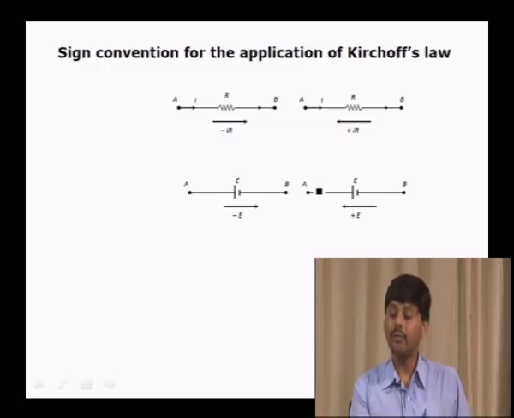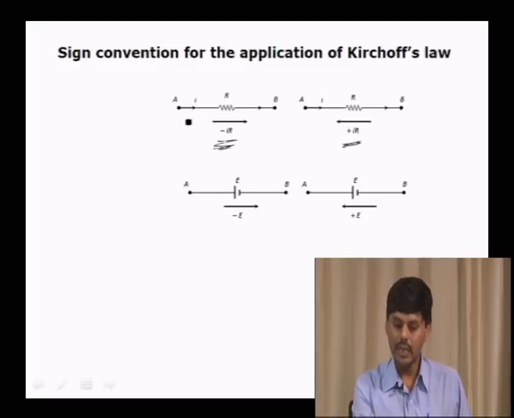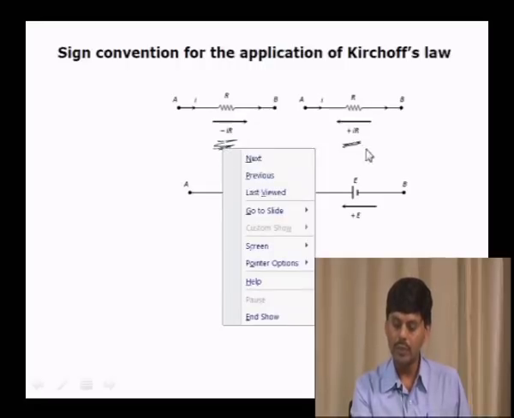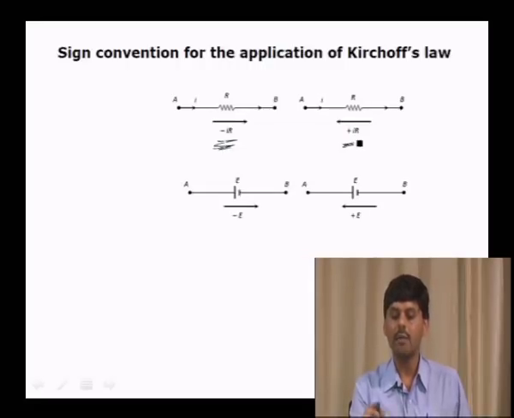Yes. The sign convention for taking the IR product, whether it is plus or minus. If you move from A to B in the direction of the current, we take the IR product as minus IR. Suppose you are moving from B to A, then the IR product is taken as plus IR. Means in the direction of the current we take minus, opposite to the direction of the current we take plus.